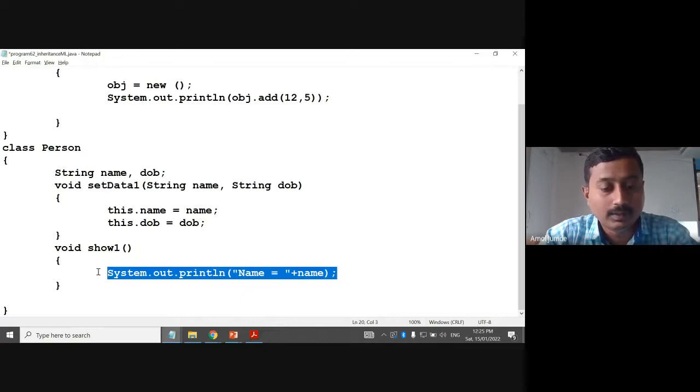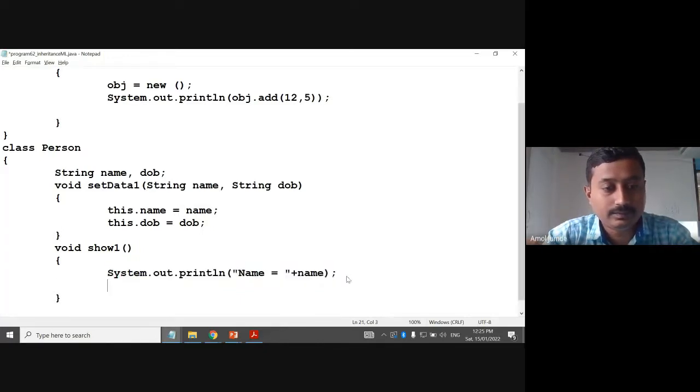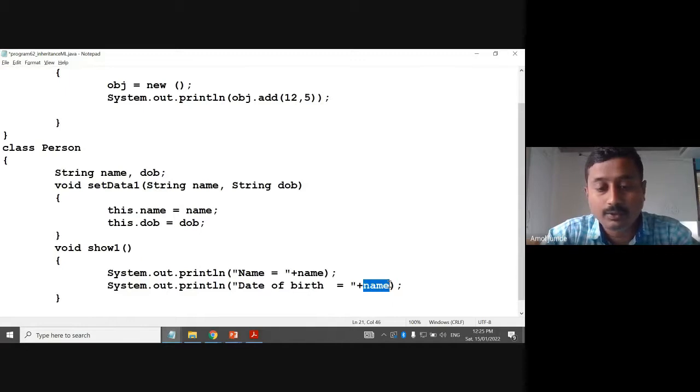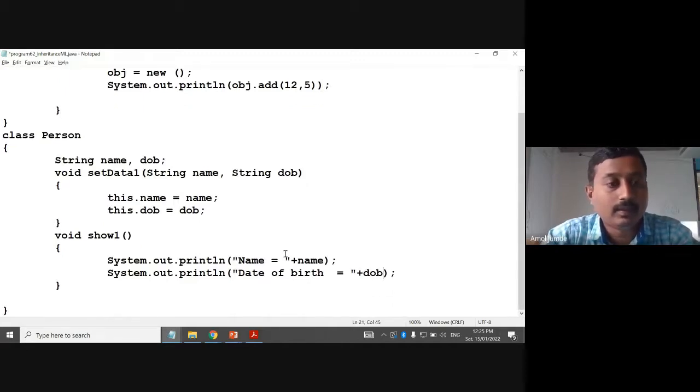Then the next one is his date of birth. It will come from the dob variable. Okay, so this person class is done, right? A setter and just one method to print.